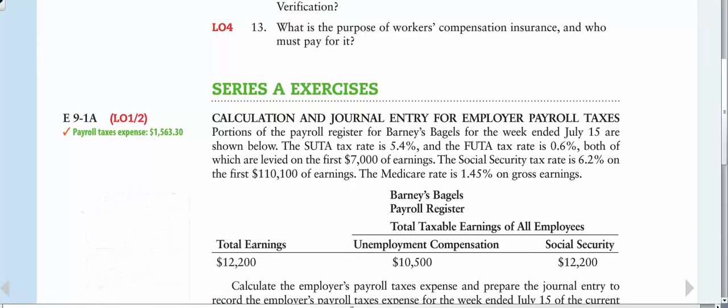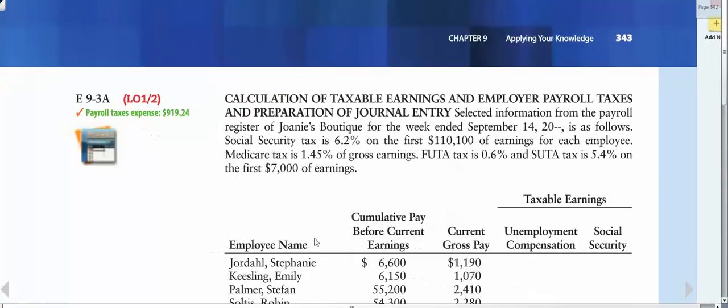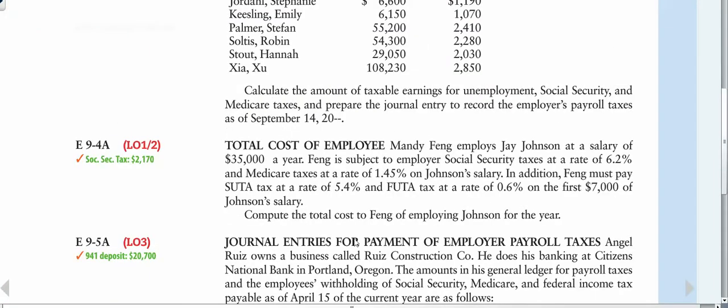So let's go over to 9.4. On 9.4, we're given a single employee, but what we want to know is the total cost for the employee. So we have Jay Johnson at $35,000 a year. He is subject to Social Security taxes at 6.2%, Medicare at 1.45%, FUTA and SUTA on the first 7,000.